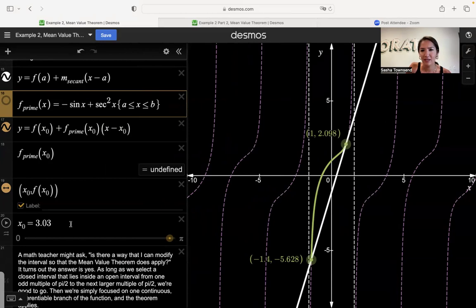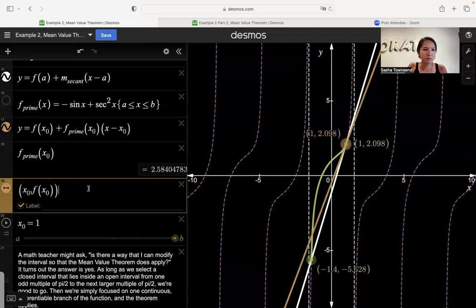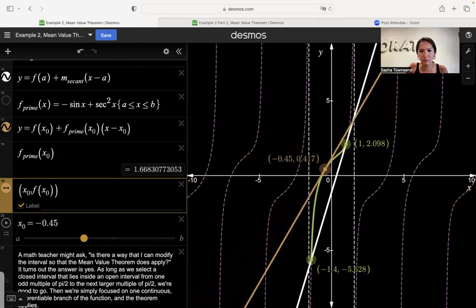Now I want my x naught values to lie between A and B. And then we'll just try to find one that gives us the right slope.